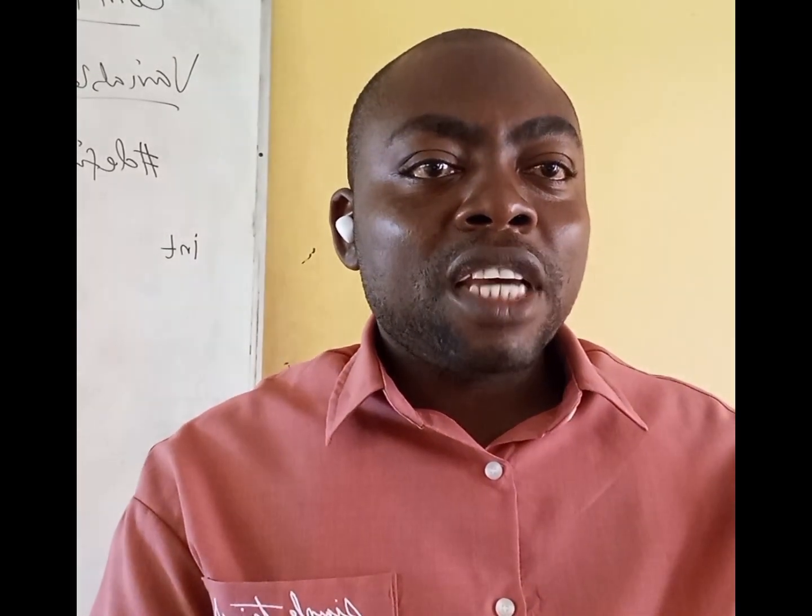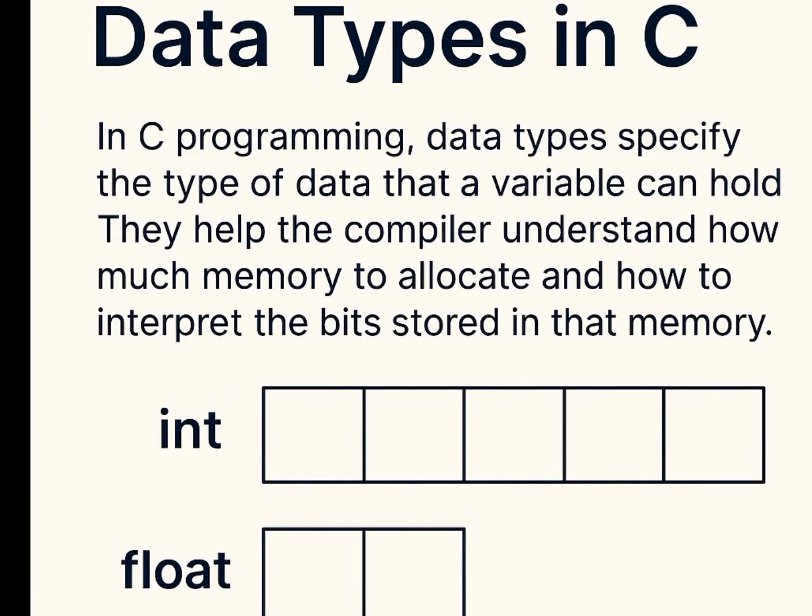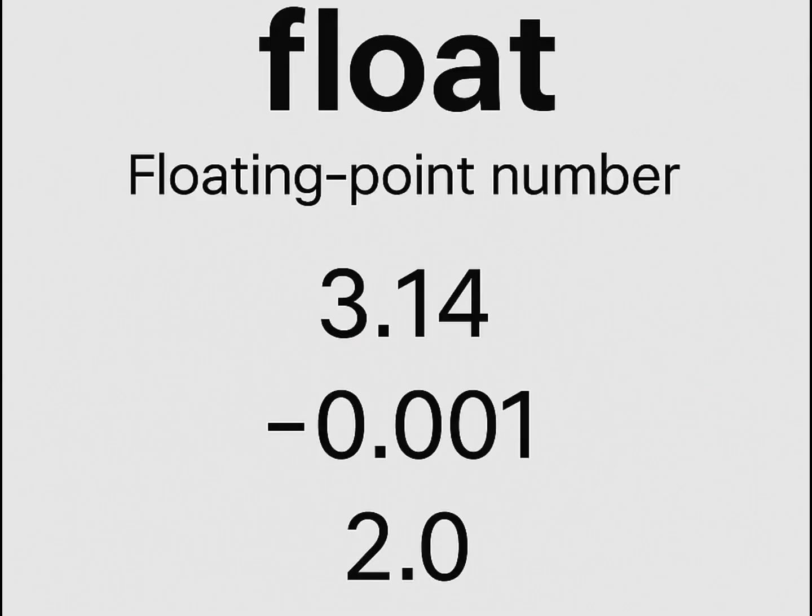Then we have the second type, float. Float is used for numbers with decimals. For example, 3.14, which is also the value of pi, minus 0.5, minus 1.5, minus 3.5, any number that has a decimal point.